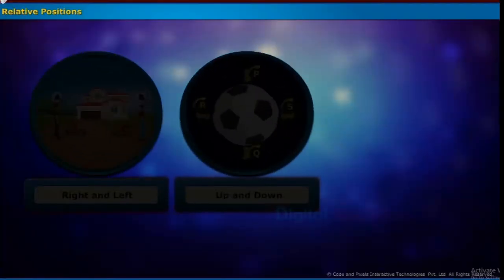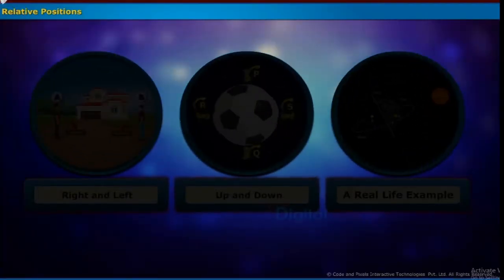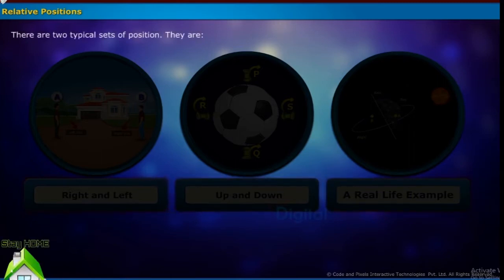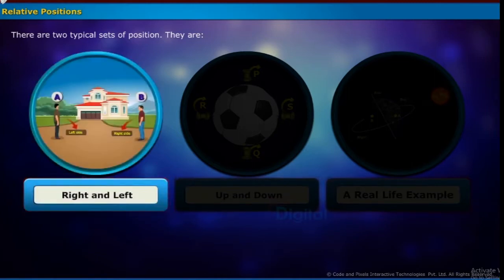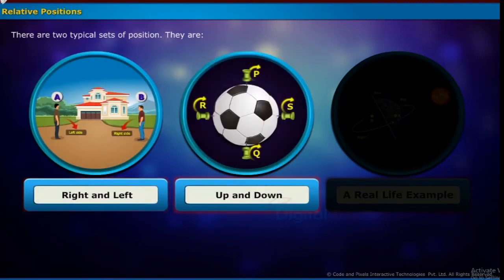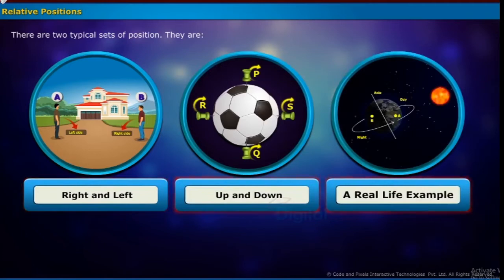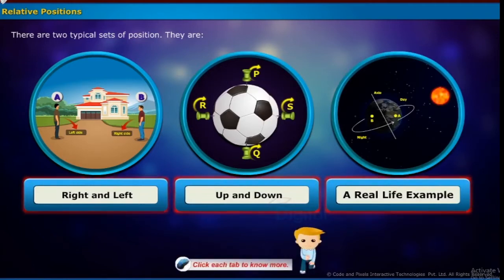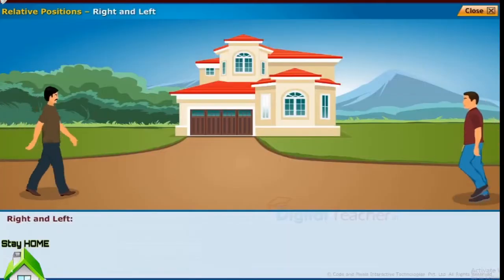Let us now learn about the term relative with respect to the positions. There are two typical sets of position. They are right and left, up and down. A real-life example. Click each tab to know more. Right and left.